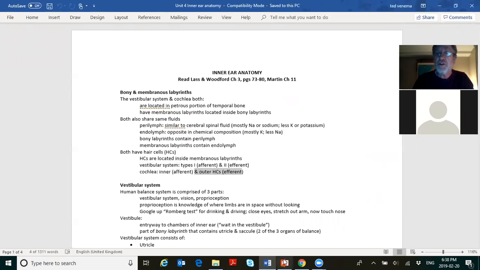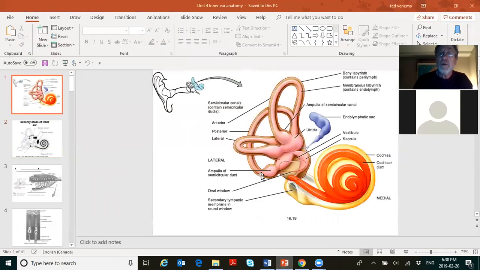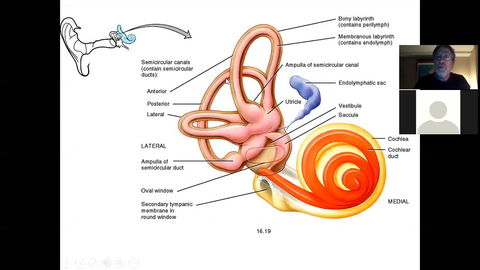So let's look at our picture now. In the membranous labyrinths, you will have hair cells, type 1 and type 2 in the vestibular system, inner and outer in the cochlea. Type 1 in the vestibular system or balance system sends info to the brain.